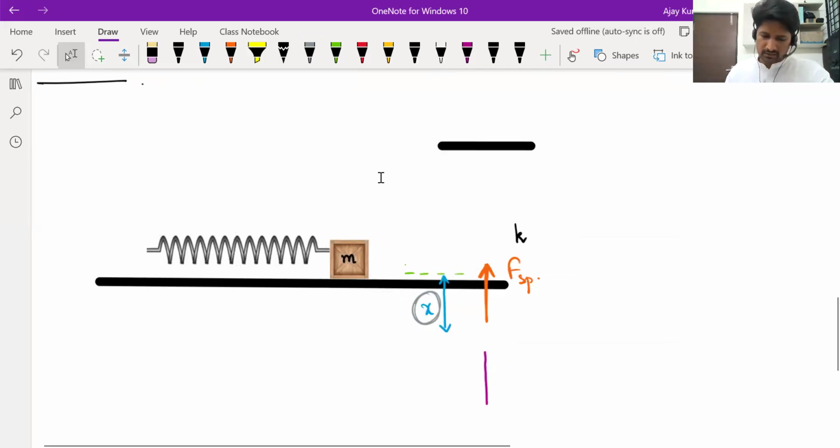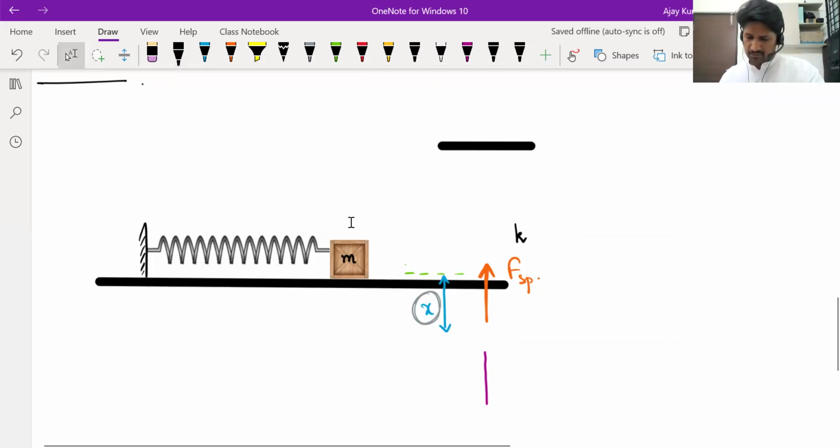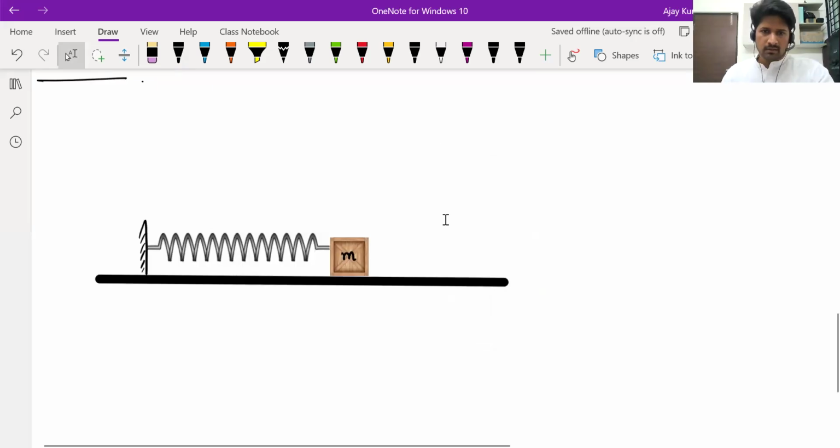Consider a situation like this. Simple spring block system. And assume there is one more block. Or wait, let's make this one bigger.